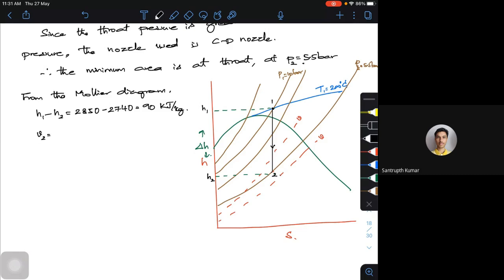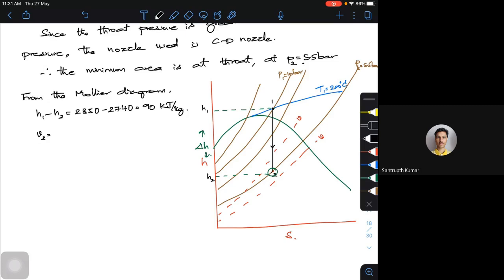What about specific volume? Specific volume at this particular point 2. Specific volume should be found from the tables itself, sir. No, you can get it directly from the chart, because for the tables you need X, and you don't know the X value. If you want to use the tables, you have to calculate X2. Yesterday we have done that.